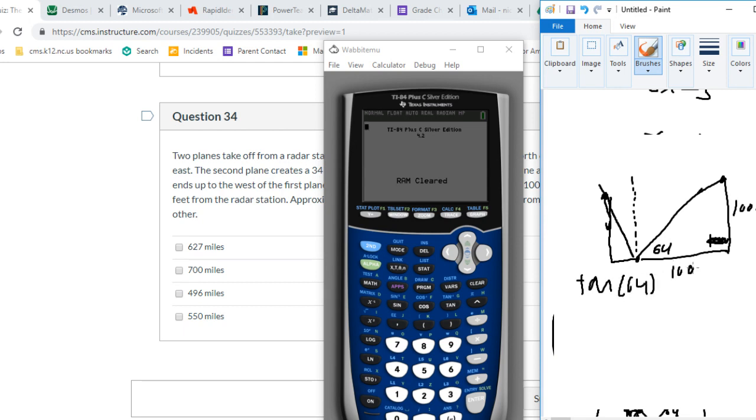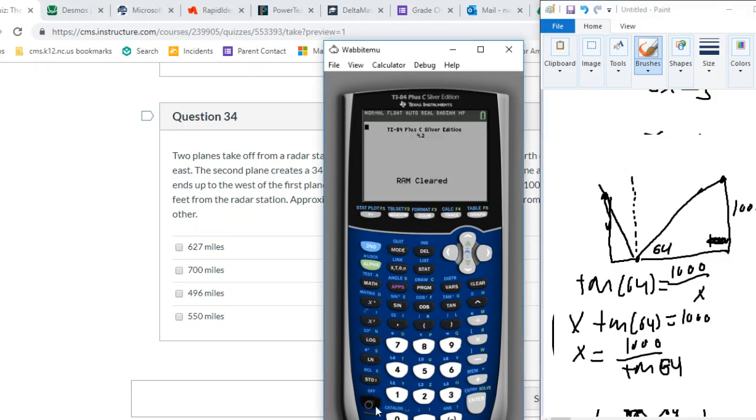So x times the tangent of 64 is 1000, which means that x is equal to 1000 over the tangent of 64. So I actually just have to do 1000 divided by the tangent of 64.